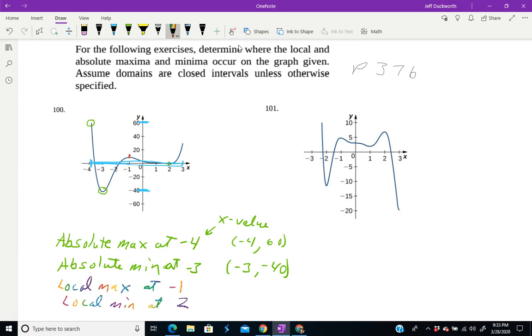So let's take a look at problem number 101 here. All right, so I don't know what our domain here is. I'm going to write down a domain of what I think it might be.